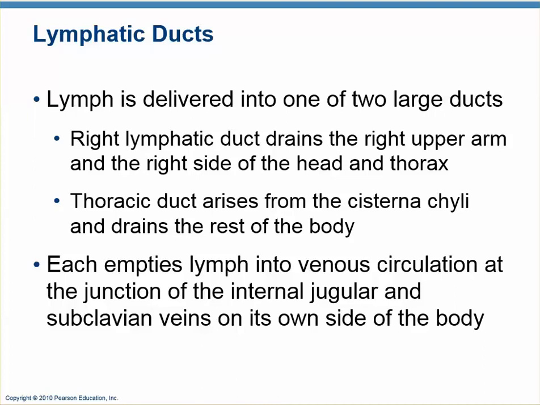The thoracic duct is on the left side, and it starts in an area called the cisterna chyli. It takes the lymph from both lumbars, from the intestinal, from the left bronchiomediastinal, the left subclavian, and the left jugular.